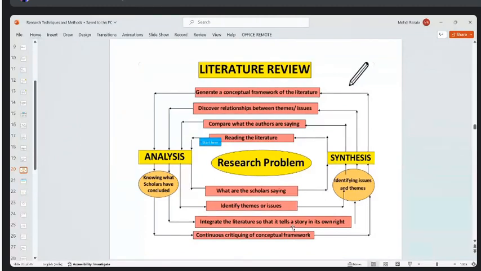If someone else reads that research paper and its conclusion, it would not relate to what you have written in your paper. That should not happen. It should be after completely understanding the paper that you give your say on that literature. So this is the process of a literature review.